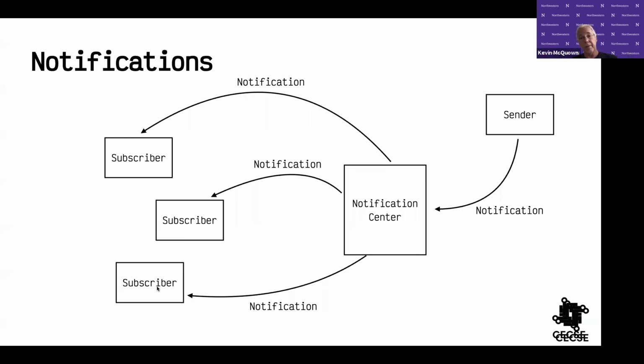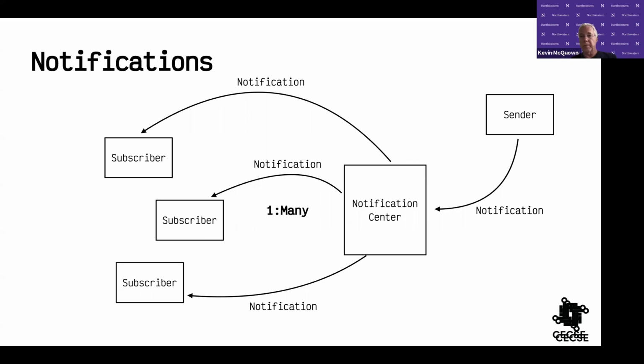And you can have 1 subscriber, 10 subscribers, 100 subscribers. I mean, there are limits to memory and so forth, but ultimately the notification center is going to notify all the subscribers that have said they wanted to know about that particular notification. And this is a one-to-many. So you have one person posting the notification and saying that we want this to happen, and then the notification center goes out to all of them.